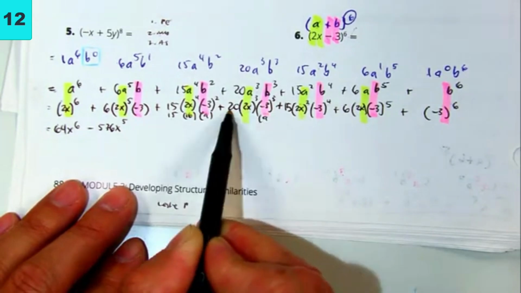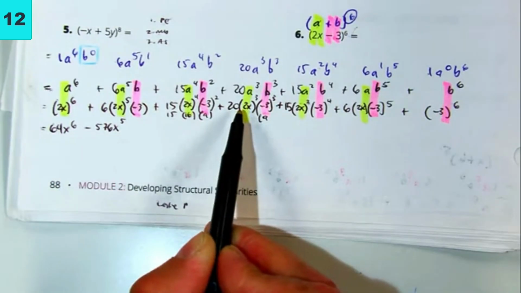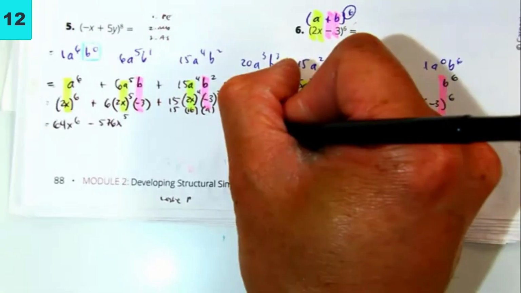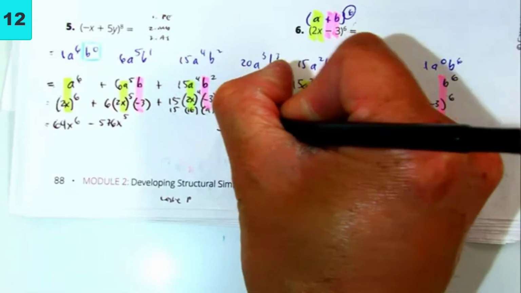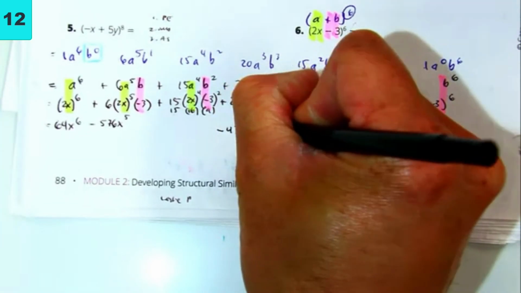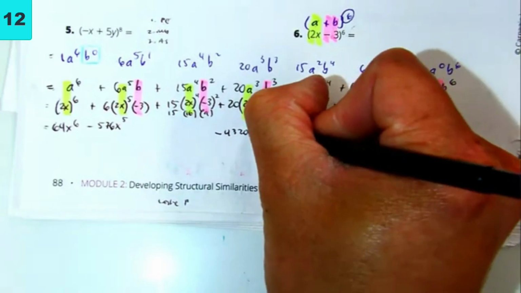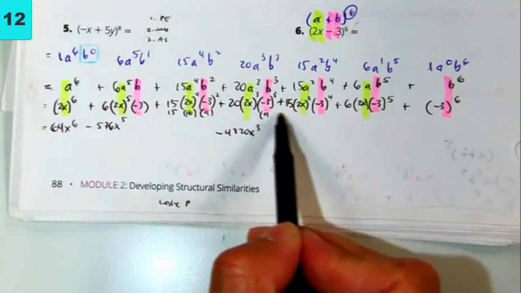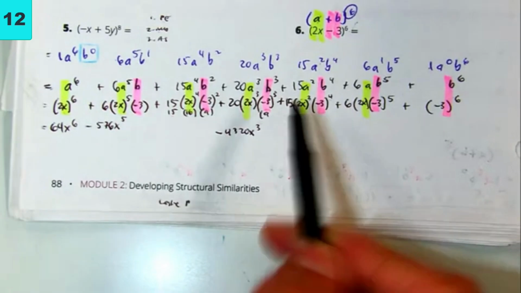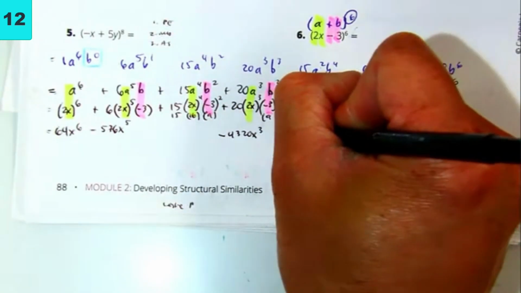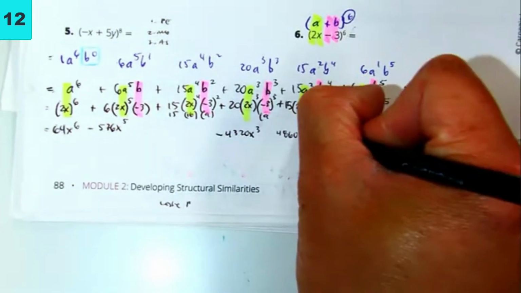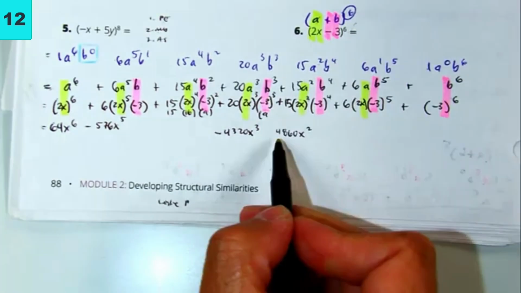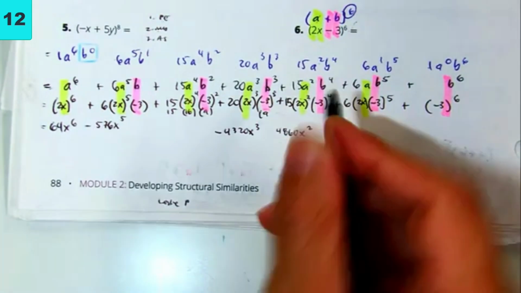It's negative 4,800. Yes. x what? Yes. Good, Peter. Marco. I got 4,860. Good. x to the second. And is that 4,860 positive or negative? You are correct.